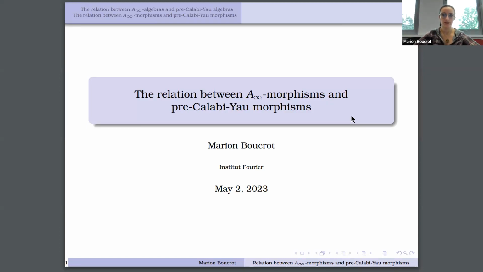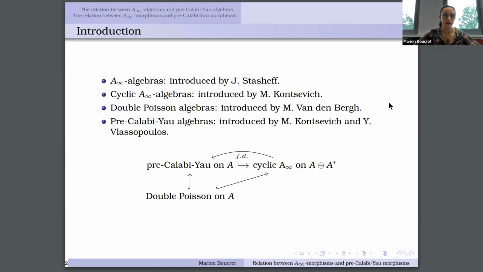So today I will talk about the relation between A-infinity morphisms and pre-Calabi-Yau morphisms. I will talk about 4 different notions. The notion of A-infinity algebras, which were introduced by James Stasheff in the 60s. I will also talk about the notion of cyclic A-infinity algebras, which were introduced by Maxim Kontsevich.